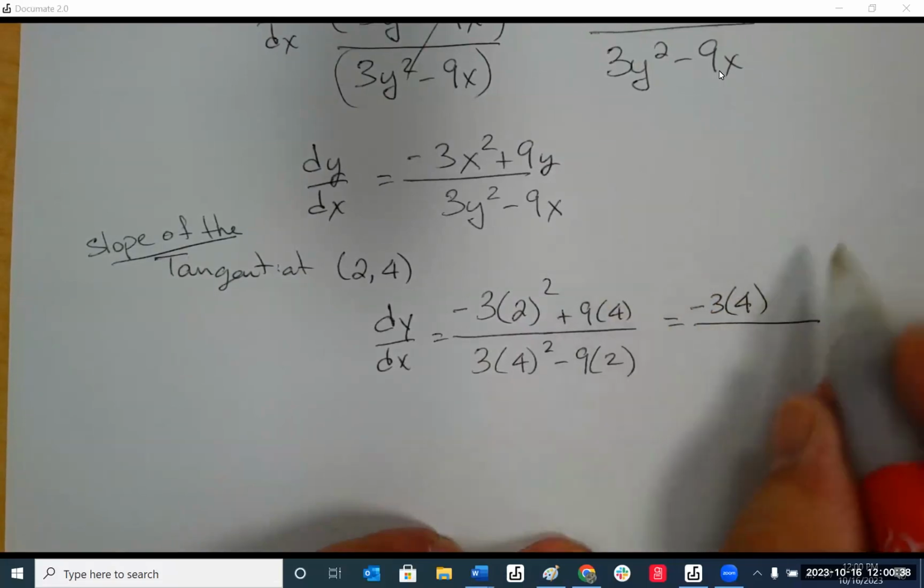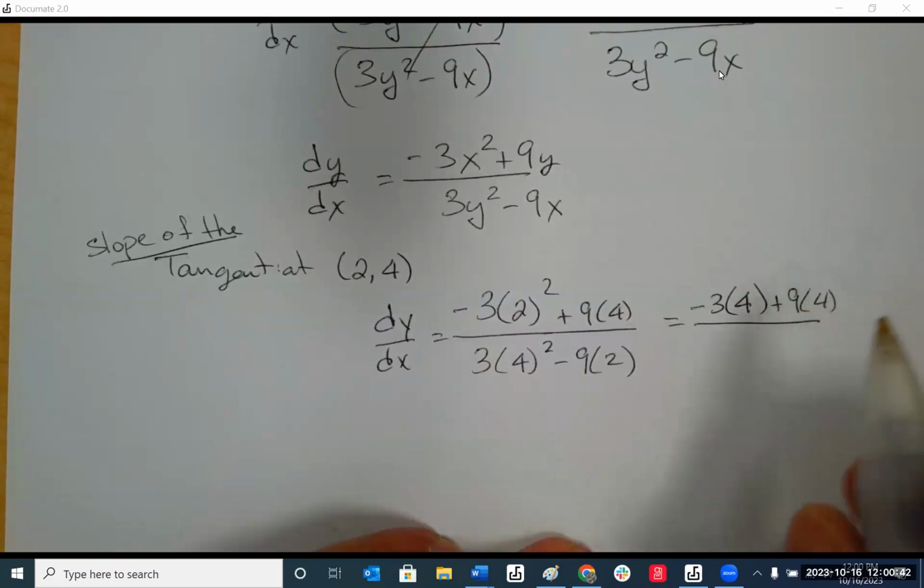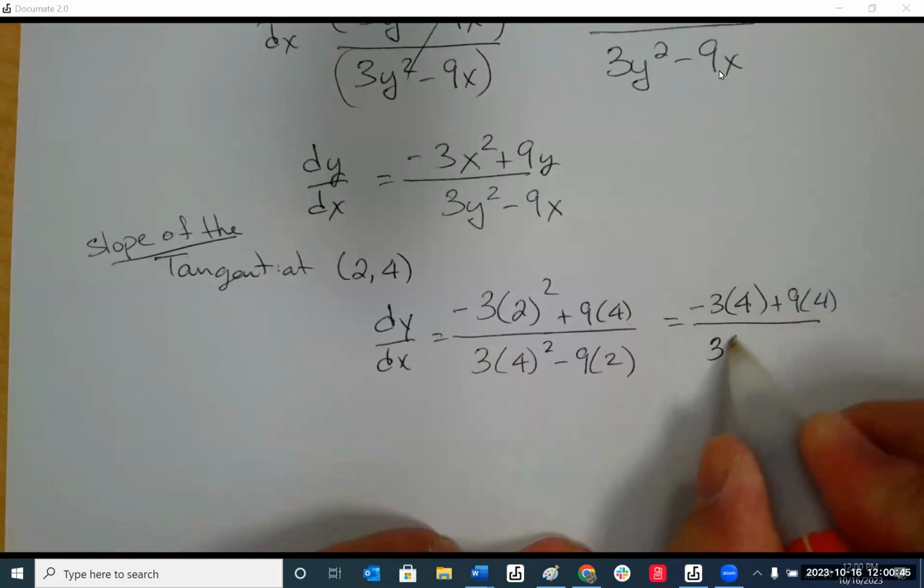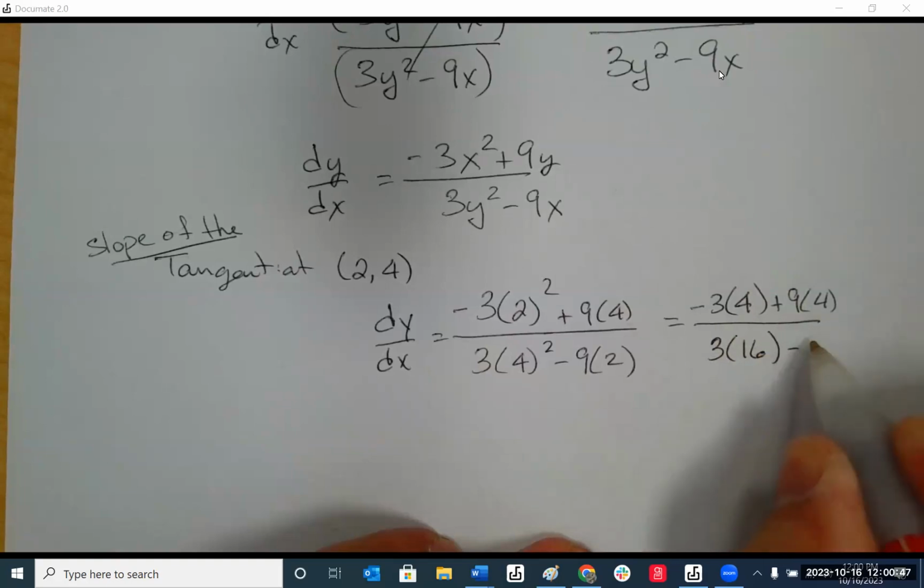Negative 3 times 4, 9 times 4, 3 times 16.